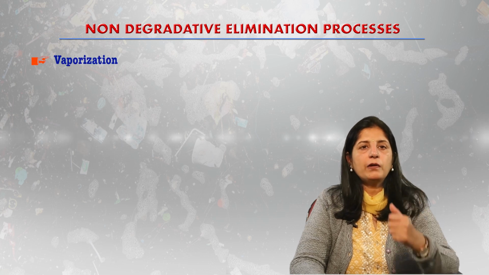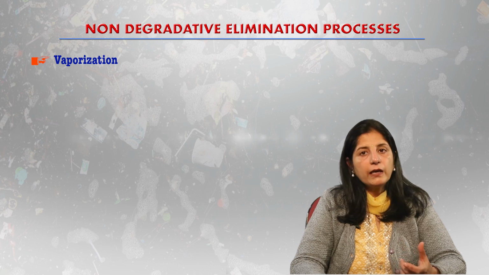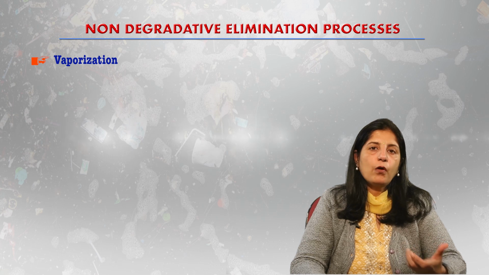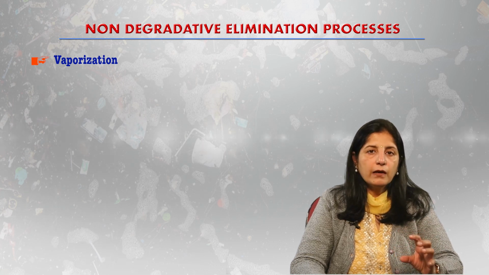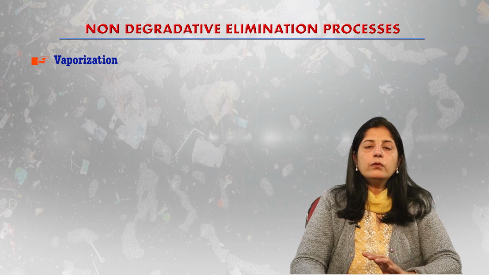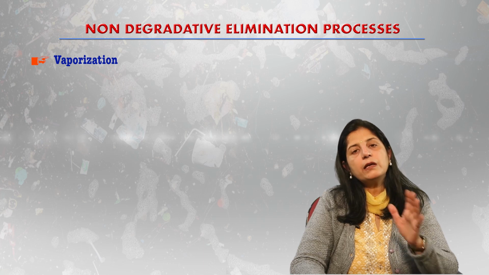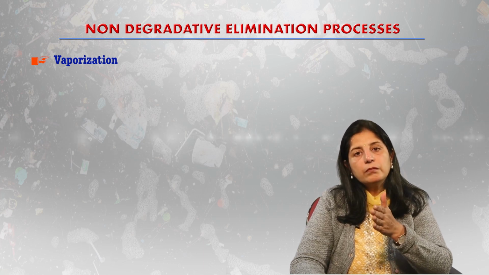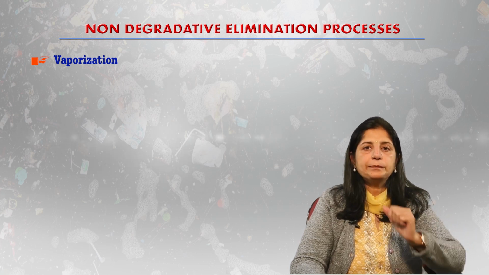Say, for example, vaporization. If the vapor pressure of a pollutant is very high, what will happen? It will evaporate from soil or water, and then it will stick to the dust particles in the air and be taken to new territories, resulting in distribution. So, the chemical is still there, but it has been redistributed, resulting in dilution of its concentration in that particular area.